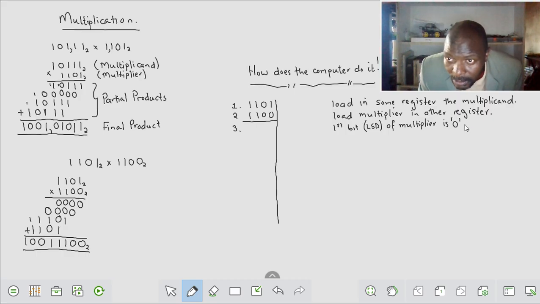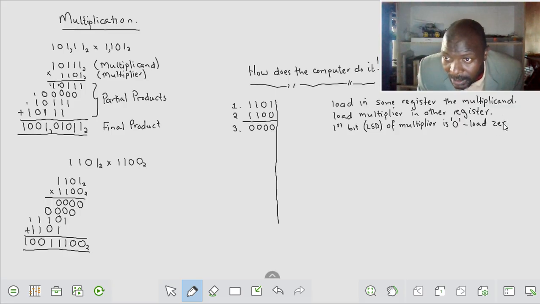We load. What we're doing basically is this: there are 4 zeros, so we load zeros. 1, 2, 3, 4. Okay, so we load zeros.